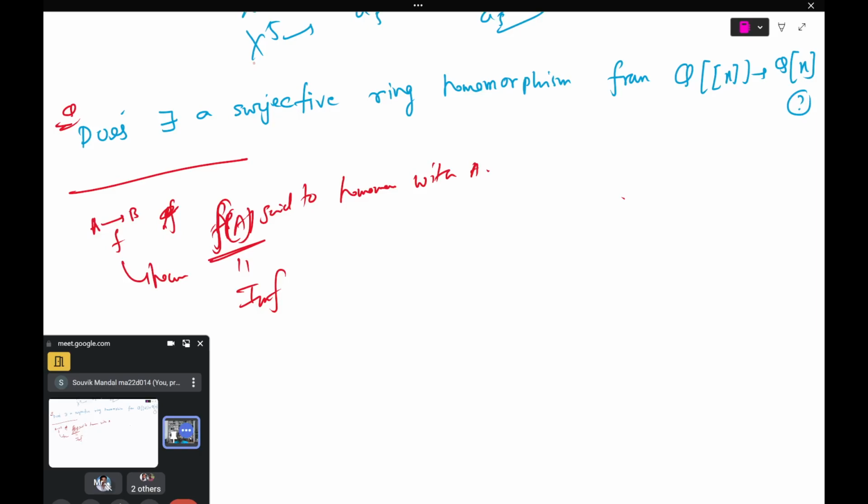Think about it. Sir, here Q[x] is the ring of finite polynomials whose coefficients are coming from Q.